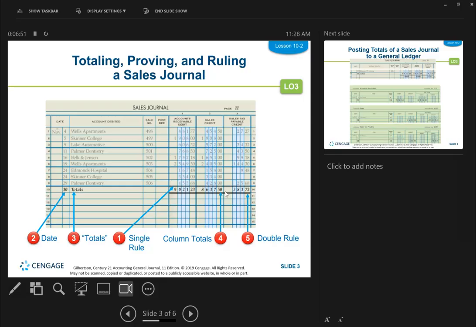So the $9,021.23 should equal $8,637.50 plus $383.73. If I add those two together, I should get the same total as the one on the left. Is everybody okay there?